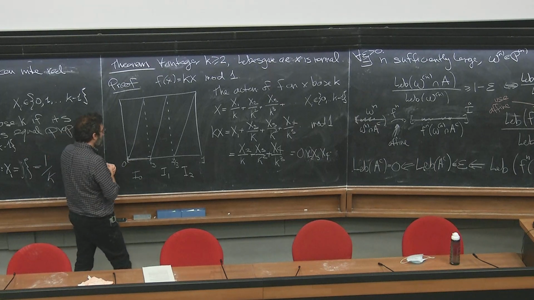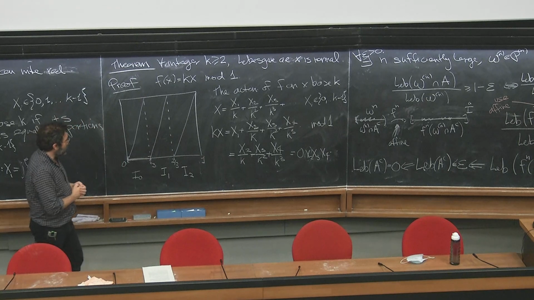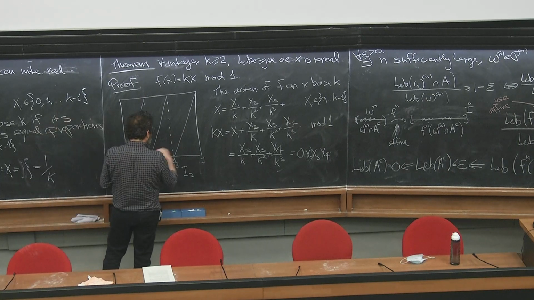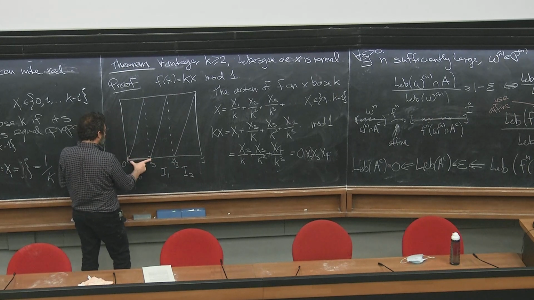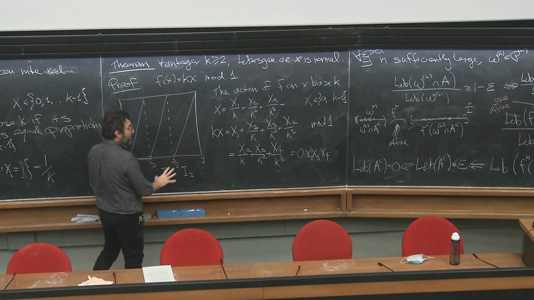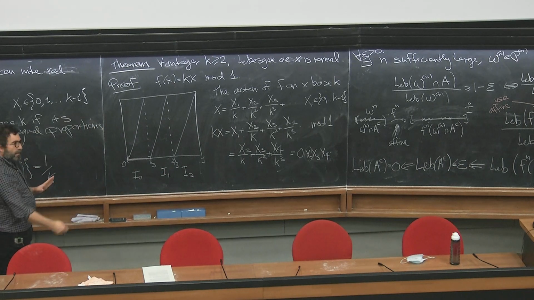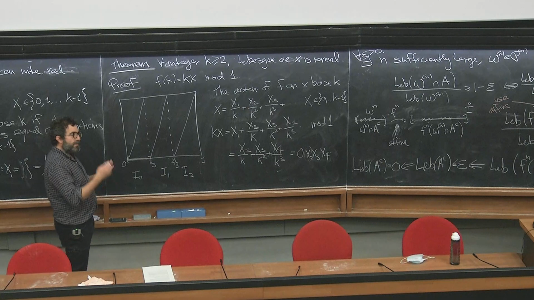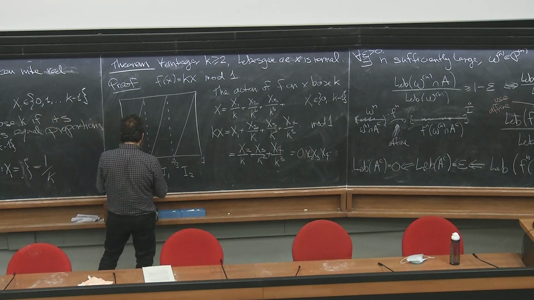Because Lebesgue measure is invariant and ergodic, Lebesgue almost every point visits any interval here asymptotically with a proportion of times that is the measure of that interval. What we're interested in particular is this interval here.